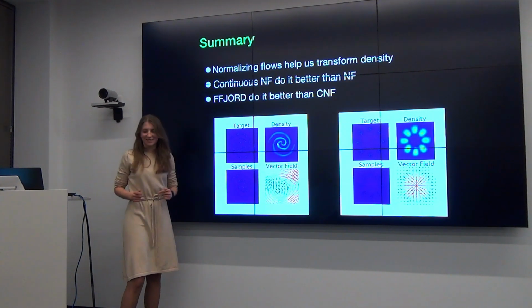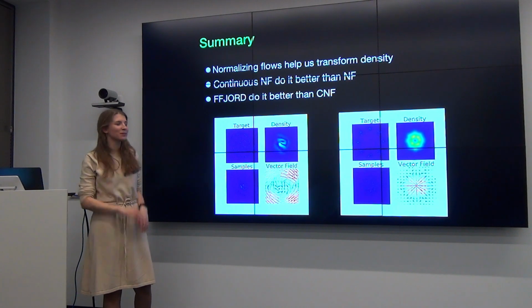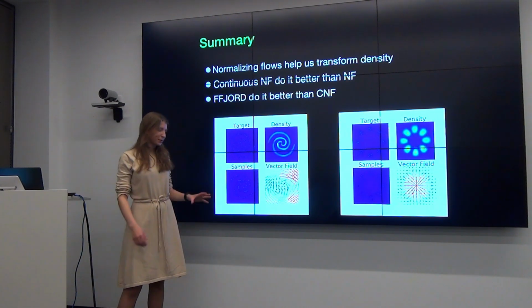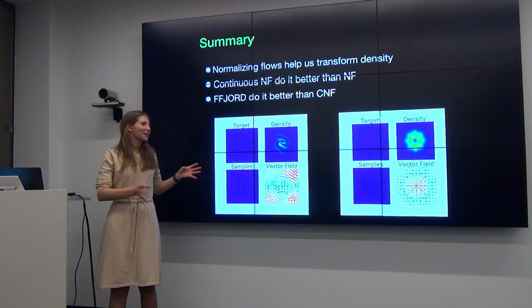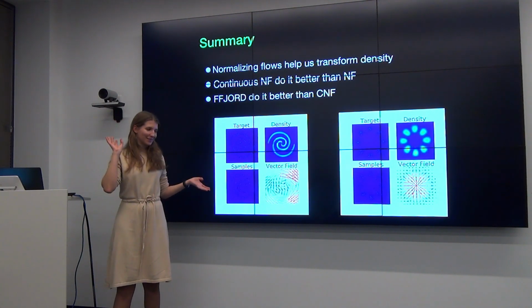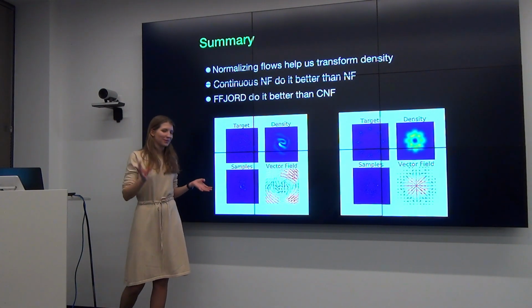Because it is not exact. We have some problems because in theory we can solve any differential equation using an ODE solver.